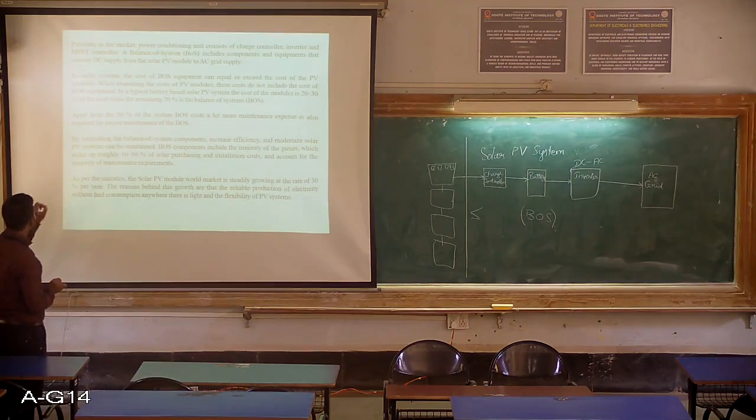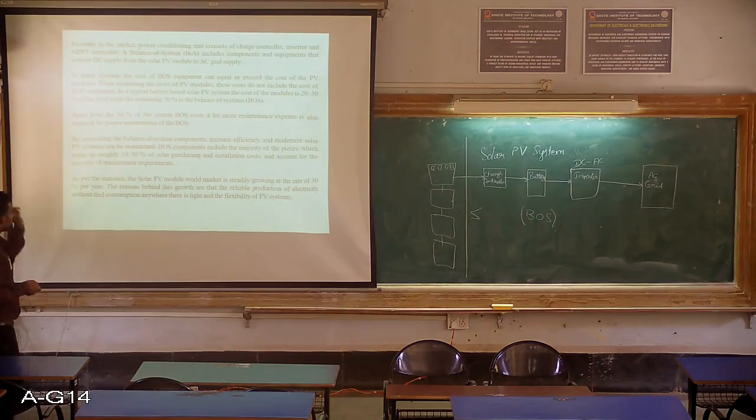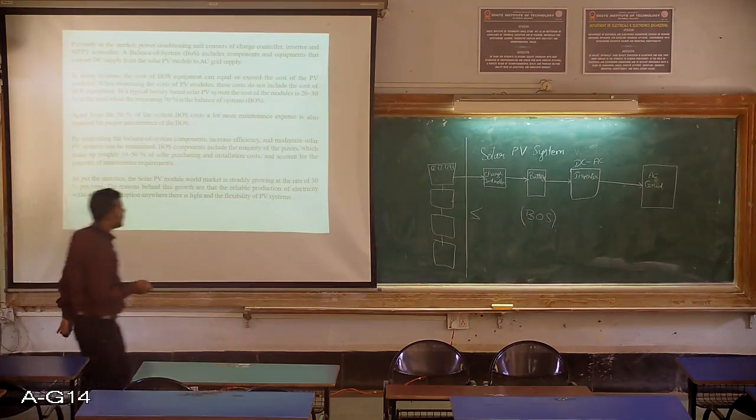And typically for the battery used in the solar PV system, the cost of modules is 20 to 30% of the total, and 70% is the balance of the system, the BOS.